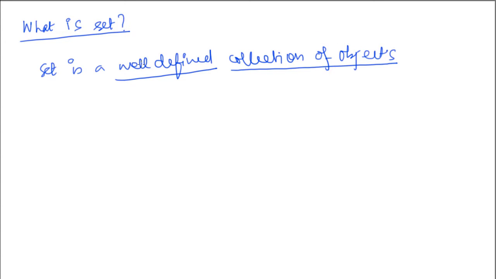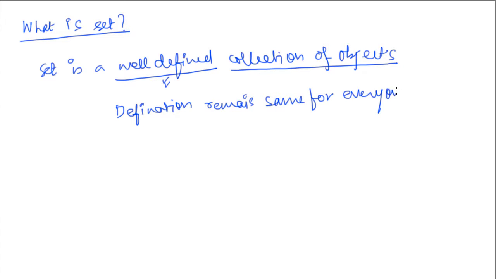But what do we mean by well defined? Well defined means the thing whose definition remains same for everyone, or we can say it does not change. Means the definition of something does not change.